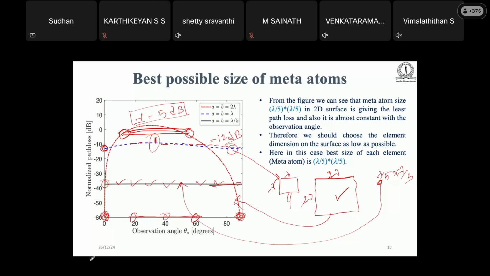Some IRS is designed for a specific bandwidth, for example for 2 to 4 gigahertz, a certain type of IRS is needed. If you change the frequency, then a different type of IRS is needed. Otherwise, you cannot generalize the loss of the signal.